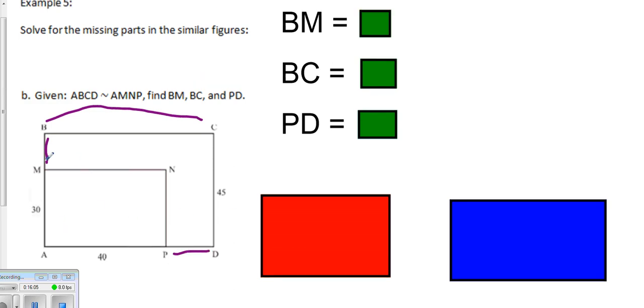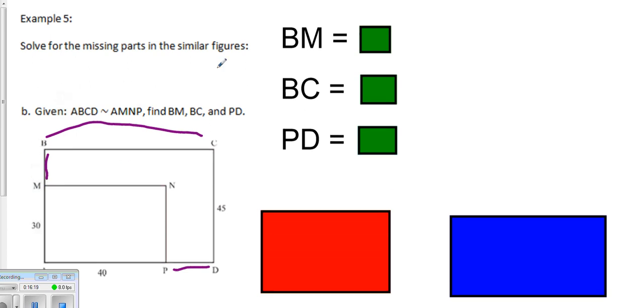So, if we're looking for BM, and we know that this piece is 30 and this whole side is 45, 45 minus 30 means that one would be 15. At 15 feet or inches or centimeters, whatever it is, missing right here.